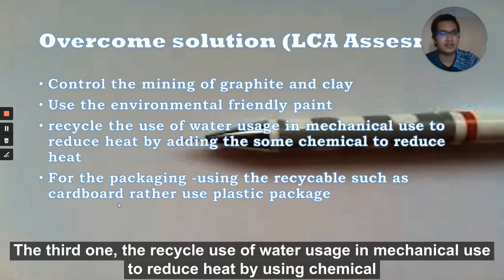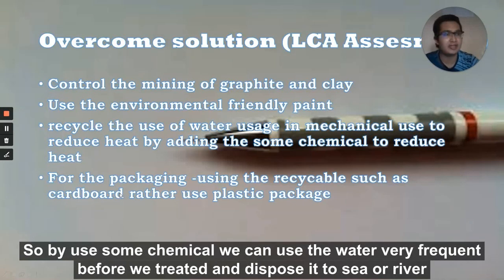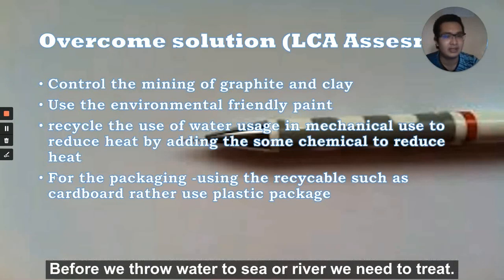By using some chemical, we can reuse the water very frequently before we treat it and dispose of it to the sea or the river. Okay, before we throw the water to the sea or the river, we need to treat it.